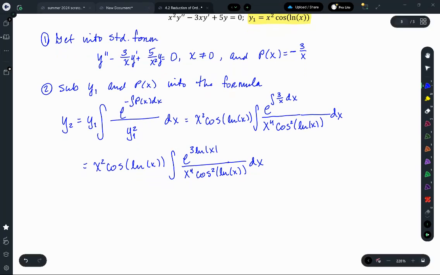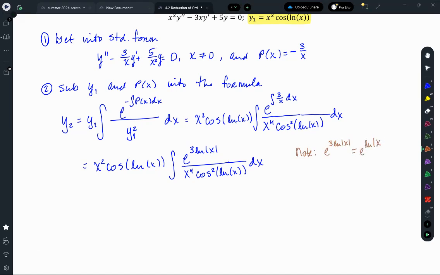Now that 3 times the ln of x, that 3 needs to become a power for ln of x so that the e and the ln can undo each other. So let's just note this. E to the 3 ln of the absolute value of x is e to the ln of the absolute value of x cubed, which is equal to x cubed.